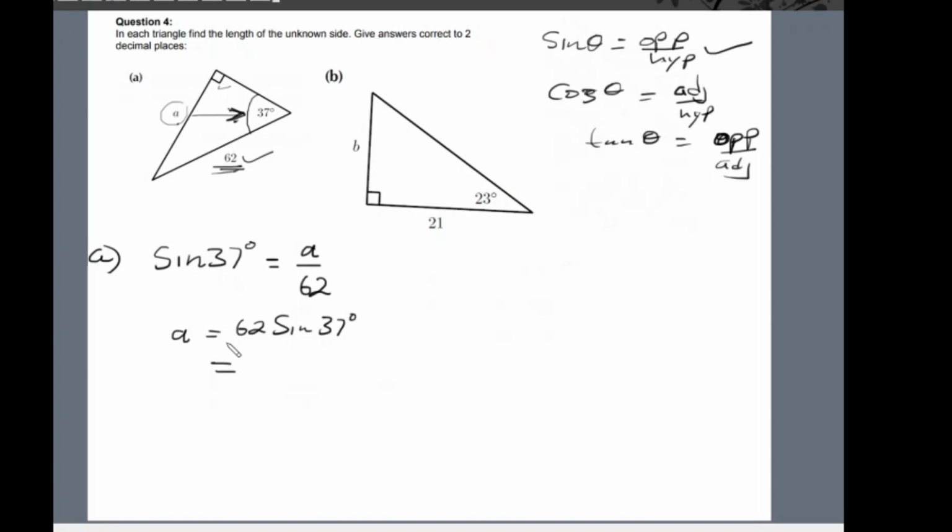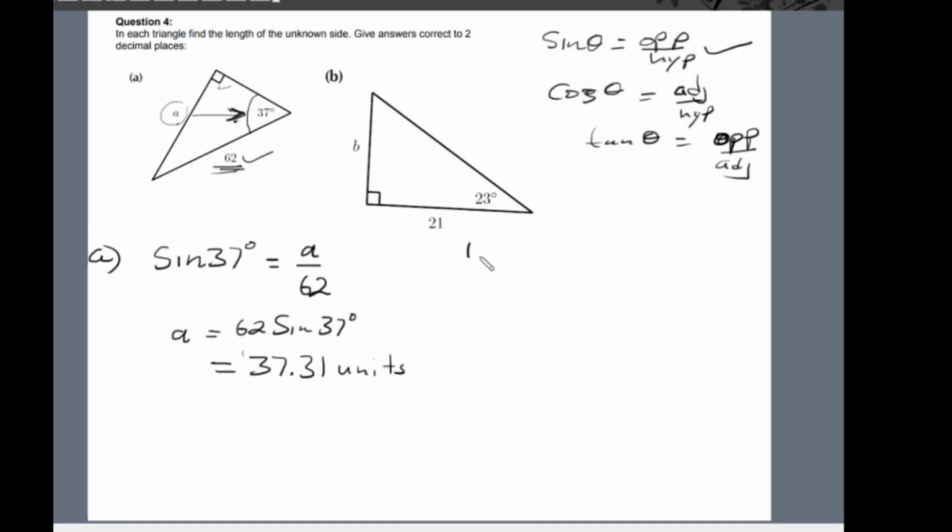Now punch this into your calculator, 62 sine 37 degrees is equals to 37.31 units.